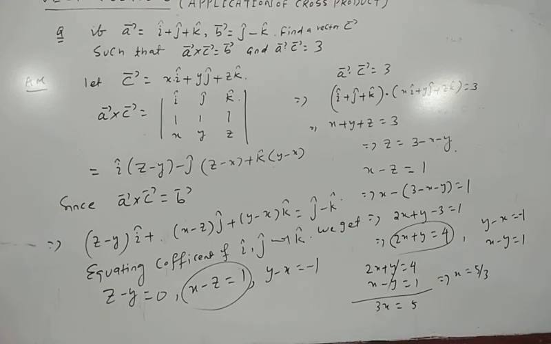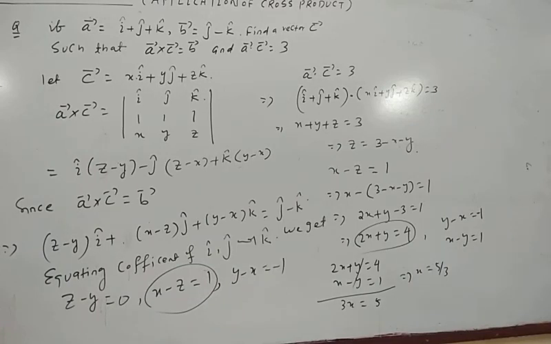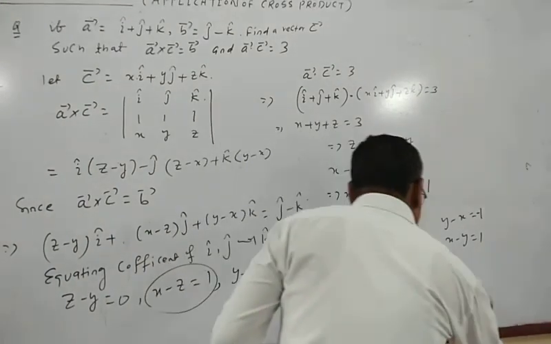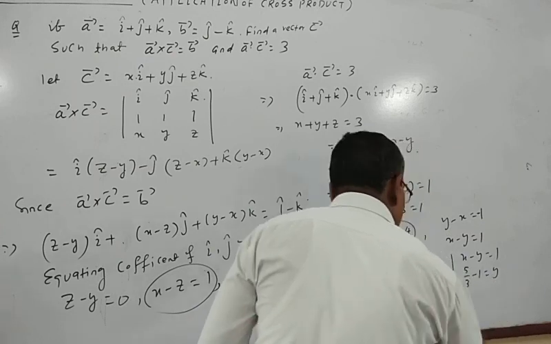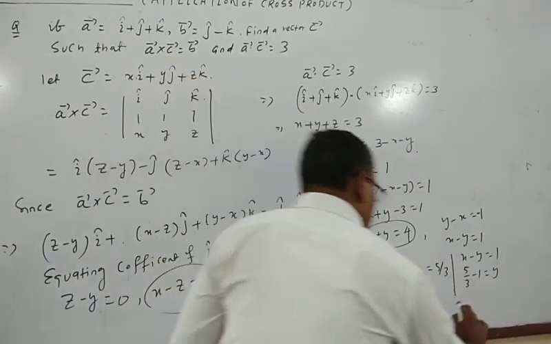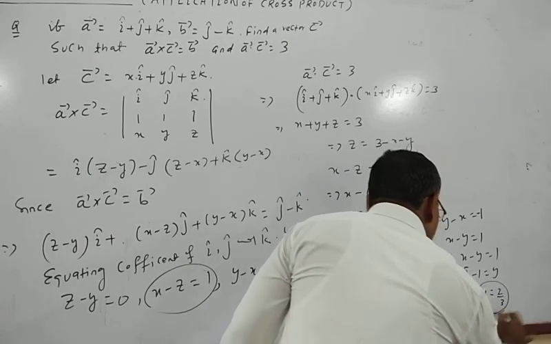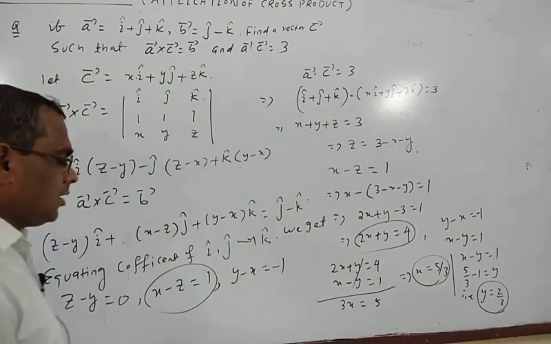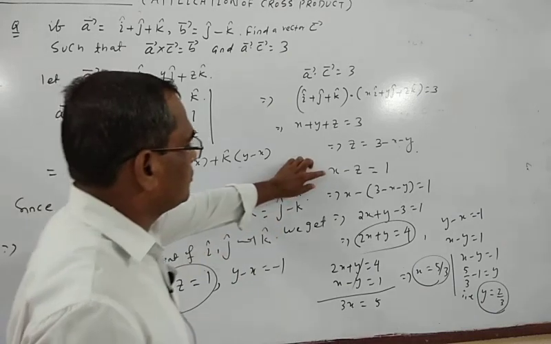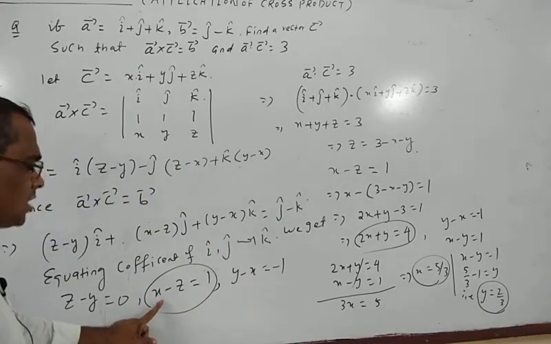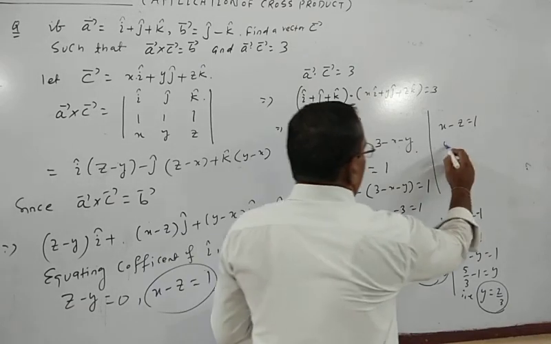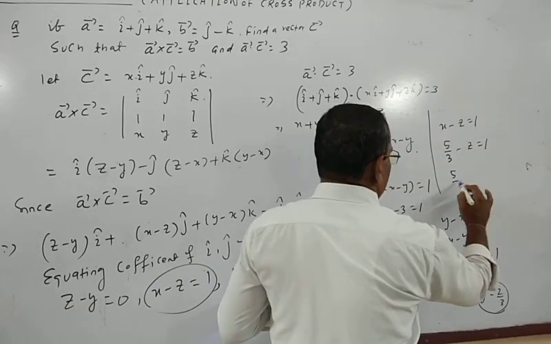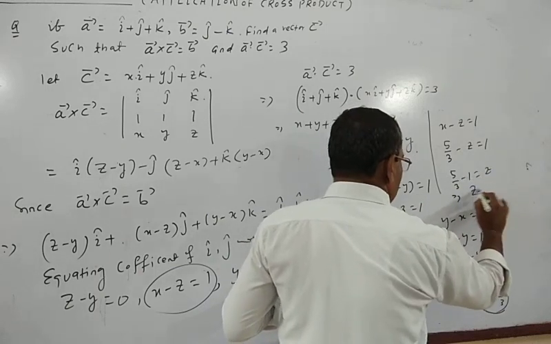So x minus y is equal to 1, x is 5/3, so 5/3 minus 1 is equal to y. 5/3 minus 1 means (5 minus 3)/3, that is y is equal to 2/3. Then x minus z is equal to 1, so 5/3 minus z is equal to 1, so 5/3 minus 1 is equal to z, that implies z is equal to 2/3.